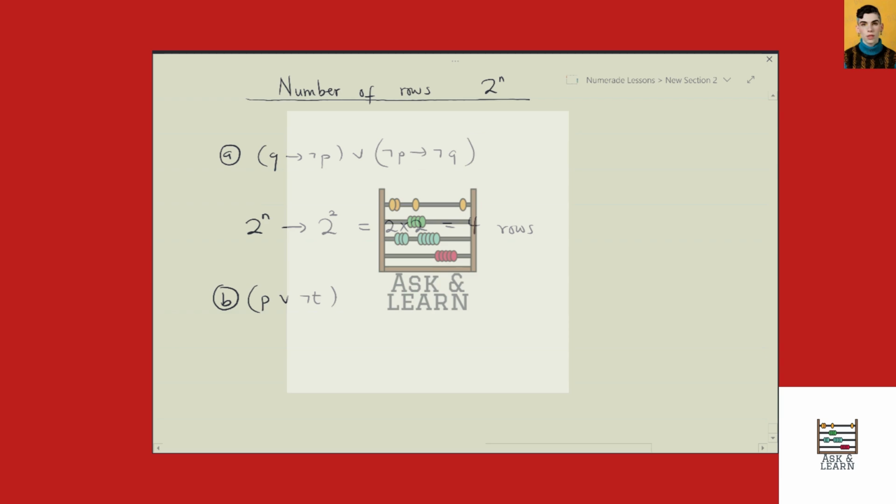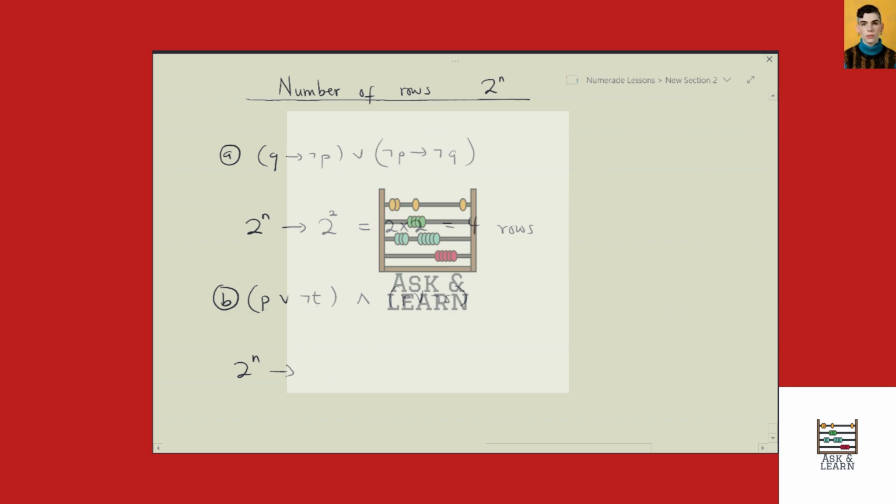P or the negation of T, and P or the negation of X. So here too, as you can see, using this rule, we have the distinct letters as P 1, then T 2, then X 3.